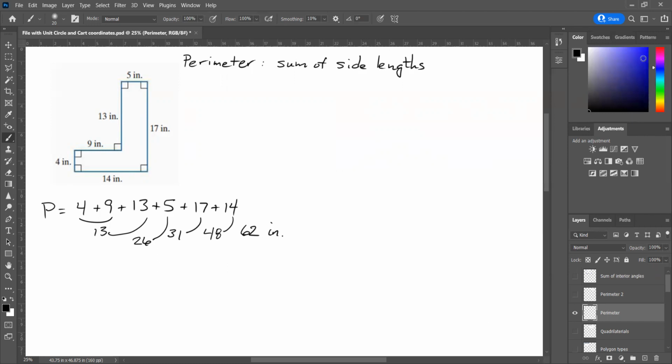Now let me show you a little trick here. This might be nice for you. Take that 9 and that 5, and when we add those together, we get 14. And look, that's the same thing down here. If we take this 13 and this 4 and we add those together, we get 17, which is the same thing I've got there. And if you think about it, if there's somebody way down here and they're looking at the building, they would see the 14-inch side.